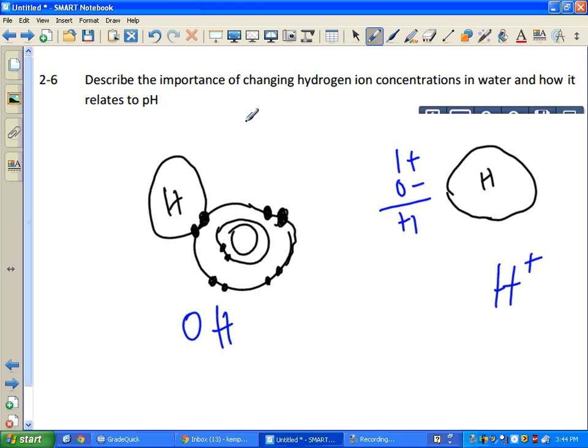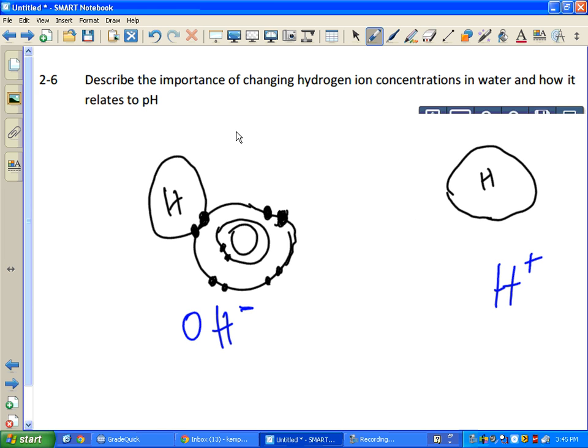So oxygen has 8 protons. Hydrogen has 1 proton. So it has 9 positive charges. And if we count the electrons, it has 1, 2, 3, 4, 5, 6, 7, 8, 9, 10 electrons, negative charges. So that means it has an overall charge of -1. So we say OH minus. Okay.